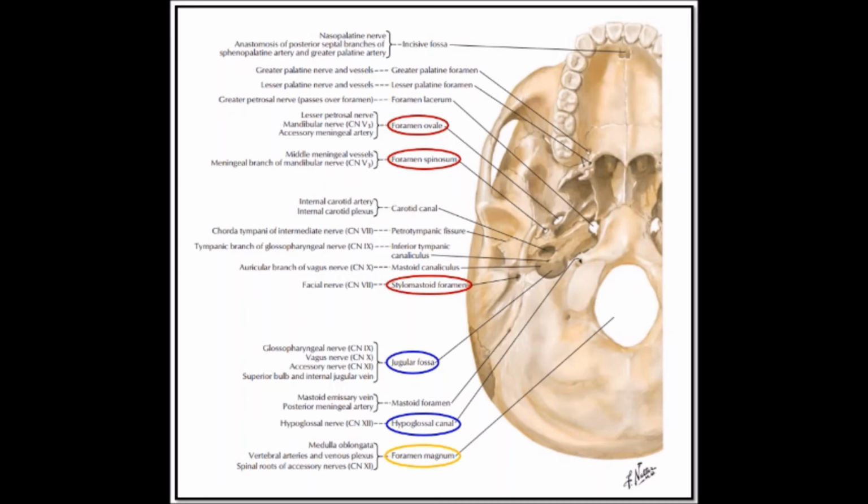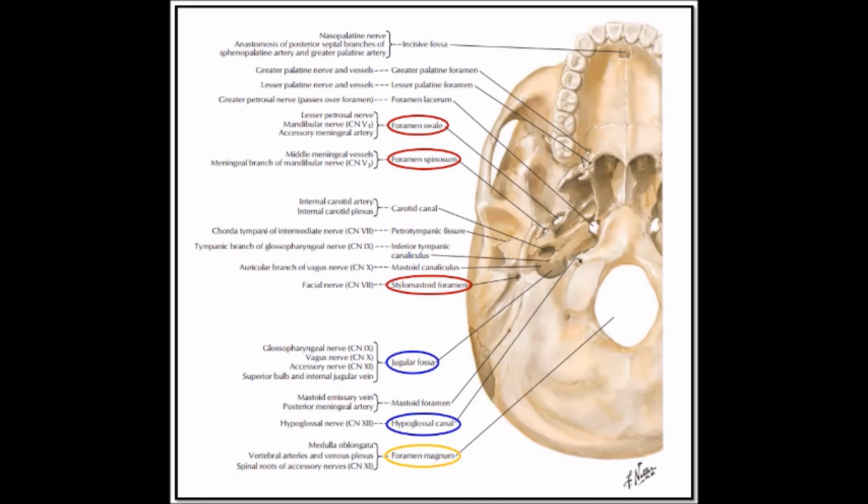To take this further, we can see the mandibular branch of the trigeminal nerve, that is to say, of cranial nerve 5, and it passes through the foramen ovale. The meningeal branch of the mandibular nerve passes through the foramen spinosum. The facial nerve, which is cranial nerve 7, passes through the stylomastoid foramen.